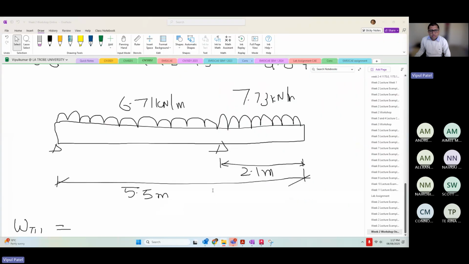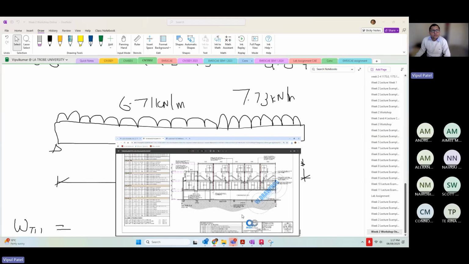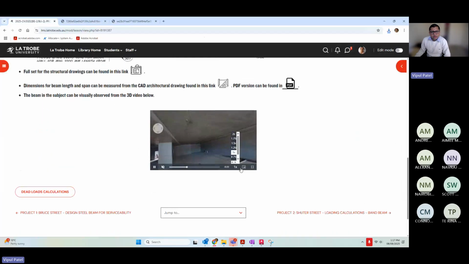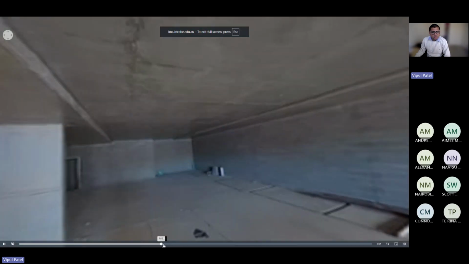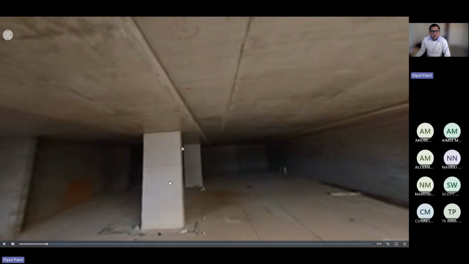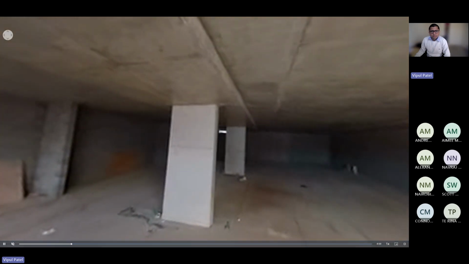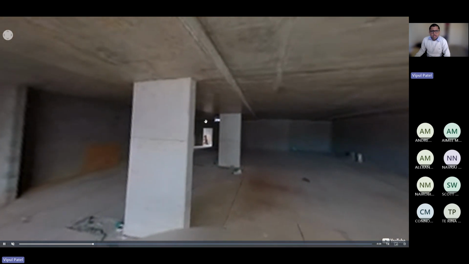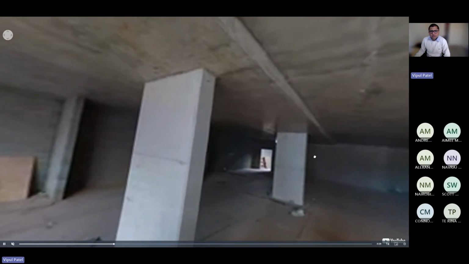Okay, so that's all good. Now, what we're going to do after this one, basically, I'm going to show you the video as well. So there's a slab that we're talking about. There's columns, band beams, slab, and I'm going to show you that picture, the drawing as well.